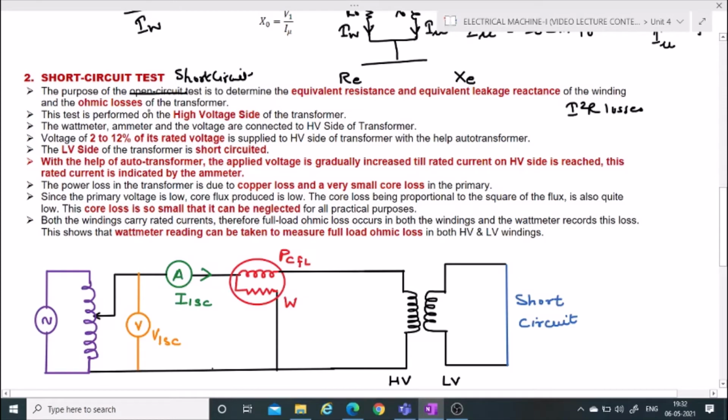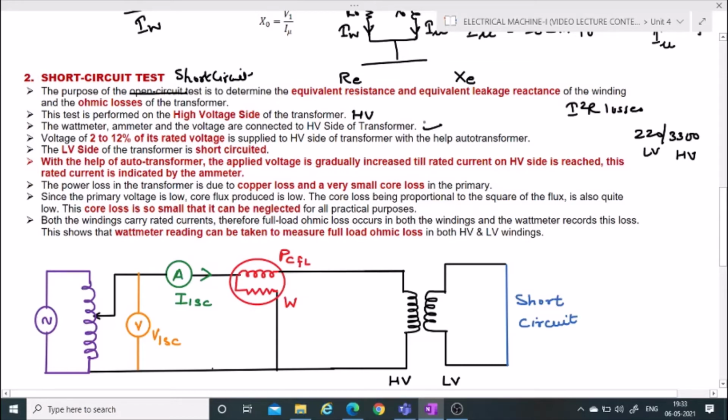Compared to the open circuit test, as we have taken the example of 220/3300, this is the high voltage side and this is the low voltage side. This test is always performed on the high voltage side, as compared to the open circuit test which is performed on the low voltage side. Next, the wattmeter, ammeter and voltmeter are connected to the high voltage side of the transformer.